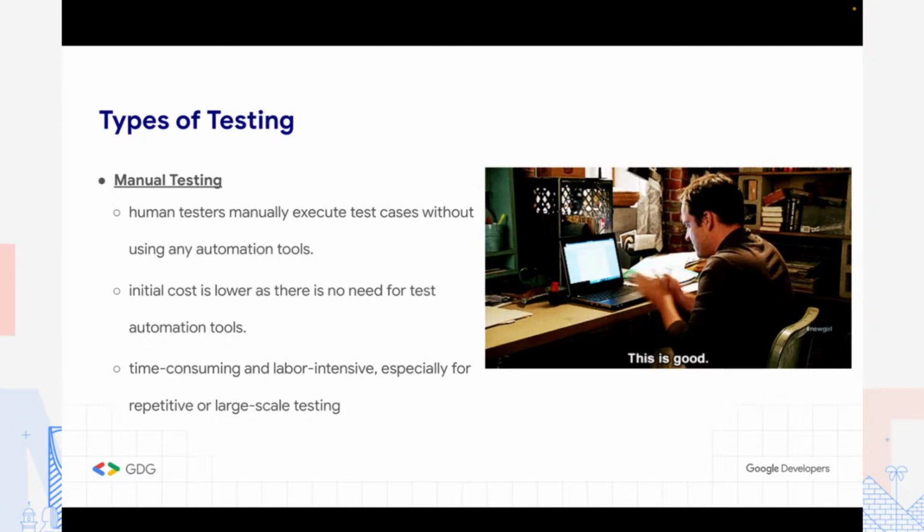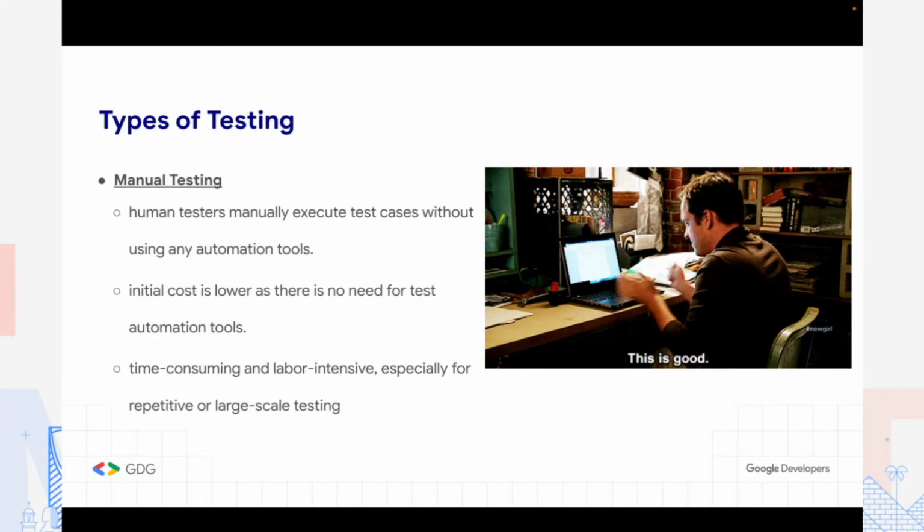So now let us dive into the two types of testing, which are human manual testing and automation testing. In manual testing, human testers will manually execute the test cases without any automation tool, like we discussed. And the initial cost is lower because we do not require any automation tools, right?